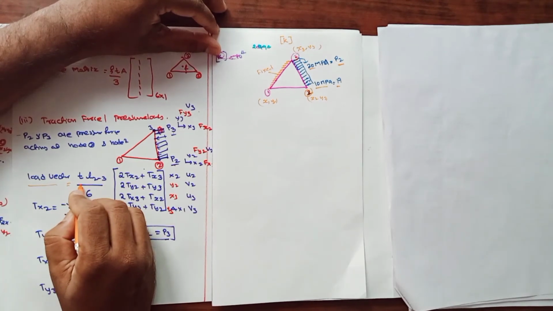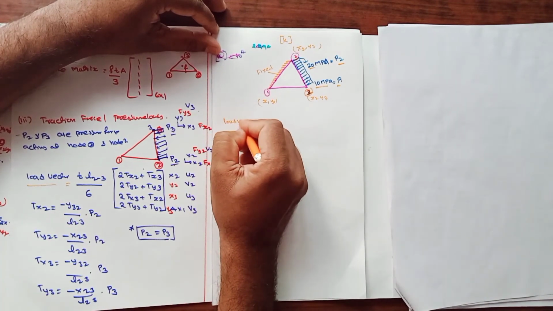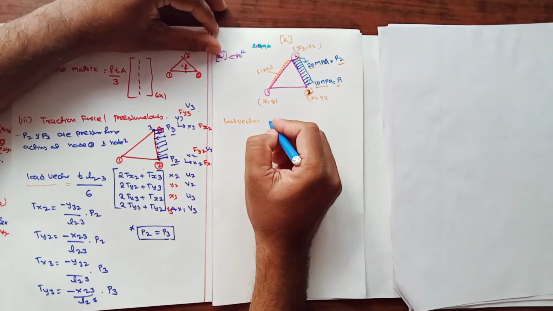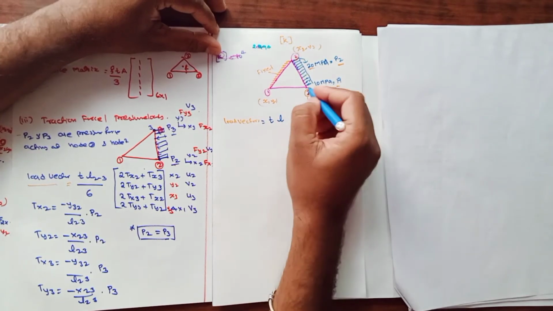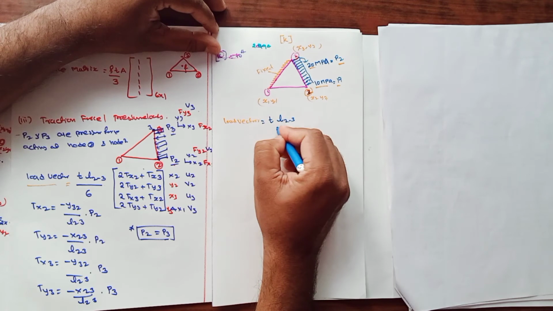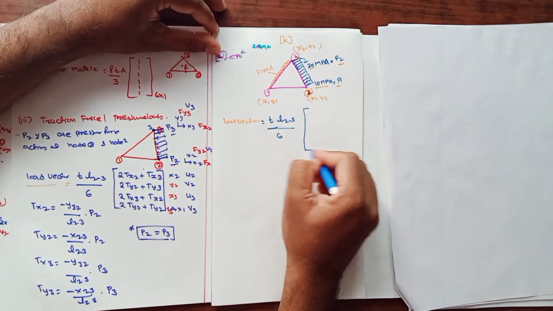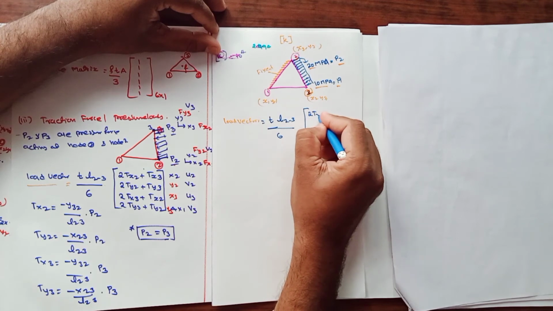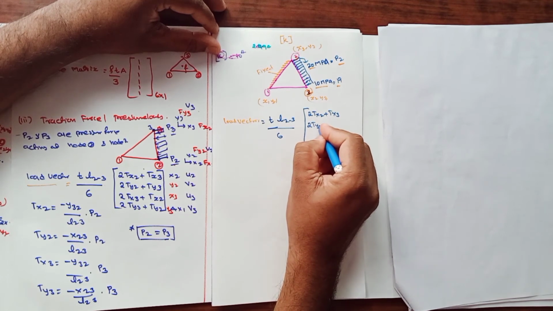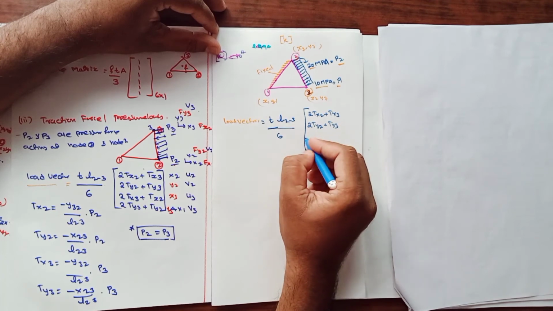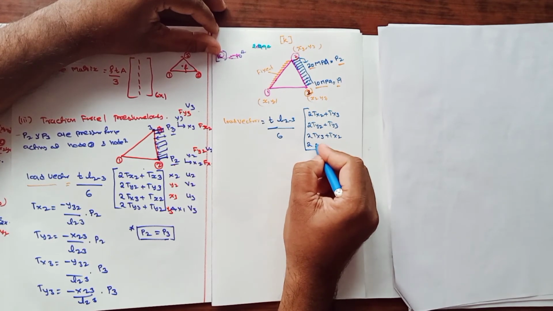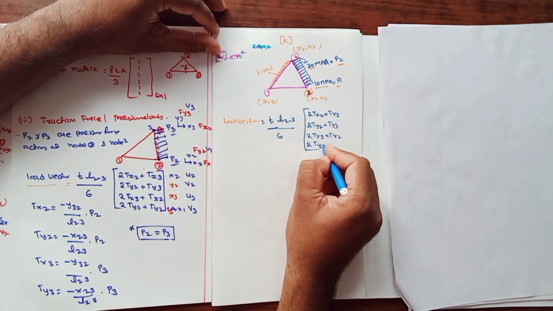The load vector due to the traction force can be written as t times the length of the element on which the pressure load acts, that is 2 to 3, divided by 6, times: 2 times Tx2 plus Tx3, then 2 times Ty2 plus Ty3, then 2 times Tx3 plus Tx2, and the last element is 2 times Ty3 plus Ty2.